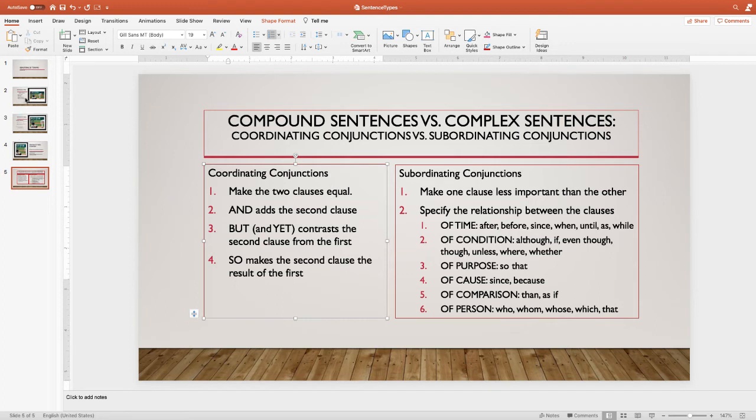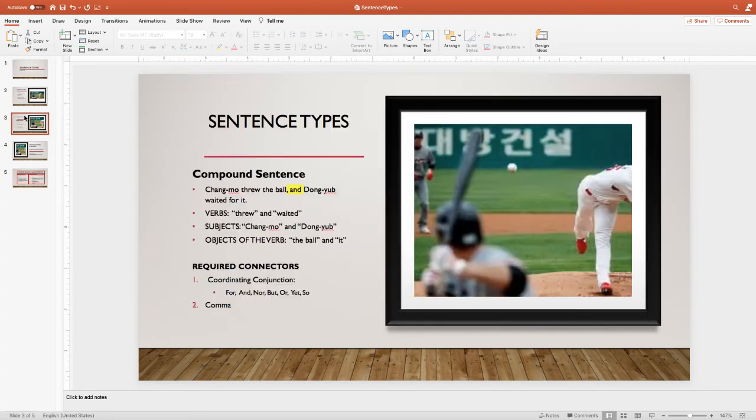So if you look at our sentence over here, what would you say? Chang Mo threw the ball, but Dong Yub waited for it? No, that doesn't make any sense at all. You could say something like, Chang Mo threw the ball, but Dong Yub wasn't paying attention. That would be a contrast, right? Something unexpected.